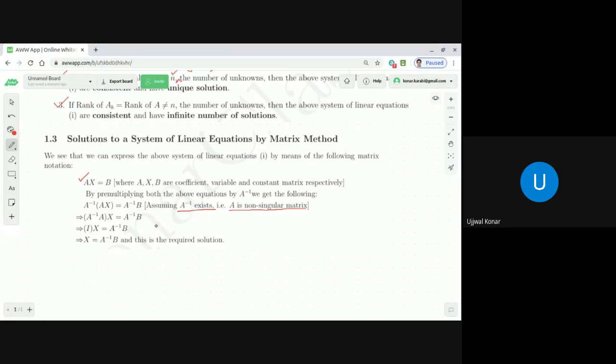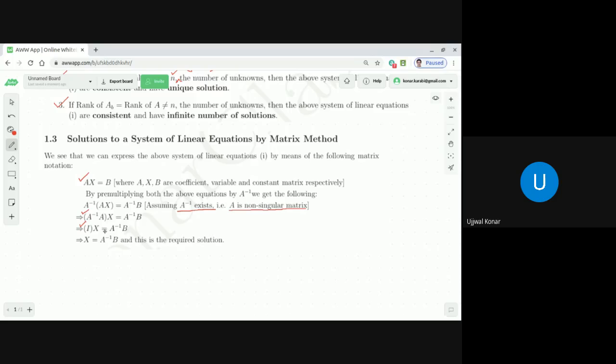Now, we know matrix multiplication is associative. So A inverse of AX means A inverse A into X. Now, what is A inverse into A? We know that if we multiply a square matrix with its own inverse, we get an identity matrix. That is why we wrote IX equal to A inverse B. And what is I?